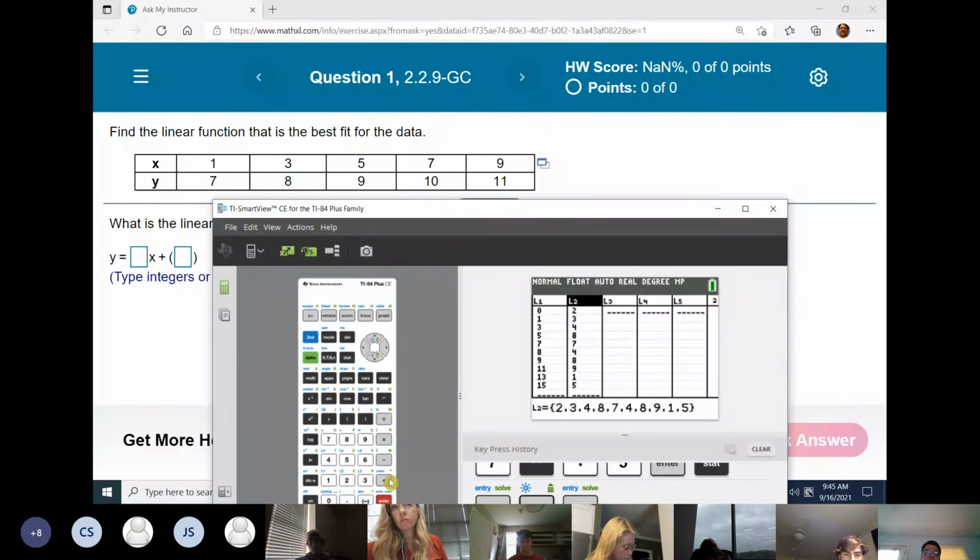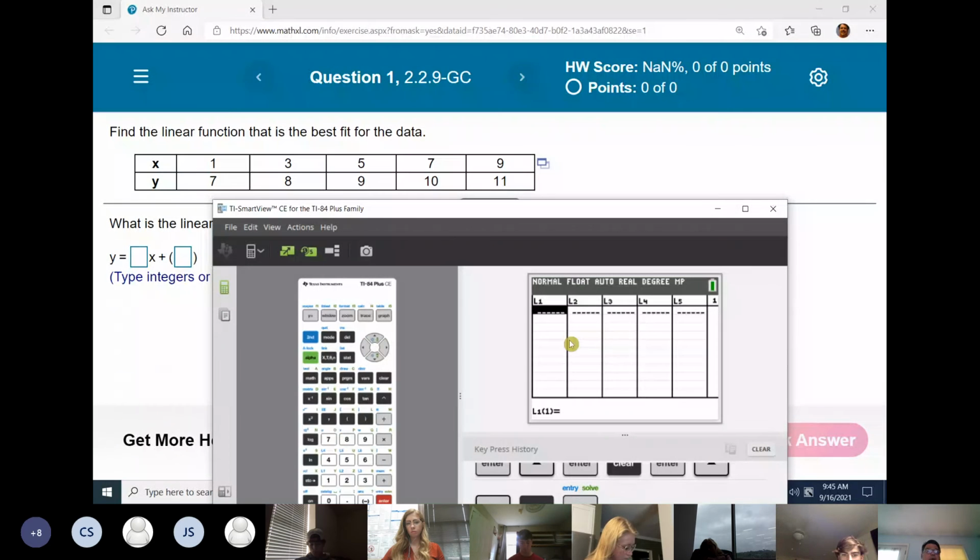So I'm going to clear, enter, and go over to the other one, clear, enter, and type these in. 1, 3, 5, 7, 9, and 7, 8, 9, 10, 11.